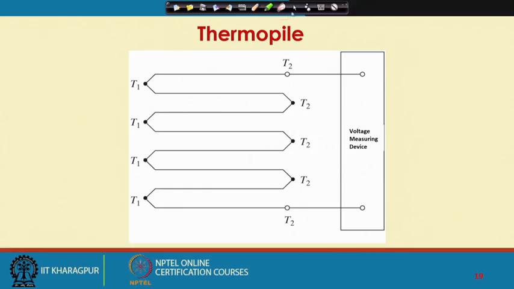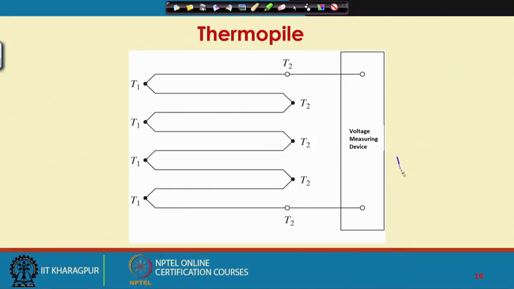So, if I connect several thermocouples, we call it a thermopile. Each thermocouple will produce the same millivolt, and all these millivolts will be added together. So, the overall output from the thermopile will be much more. That will increase the sensitivity of the thermocouple, and it will be easy for the purpose of measurement.